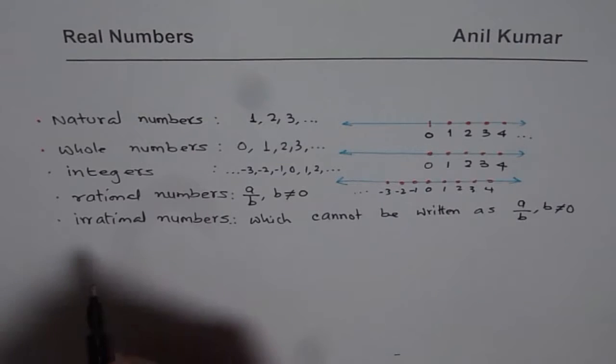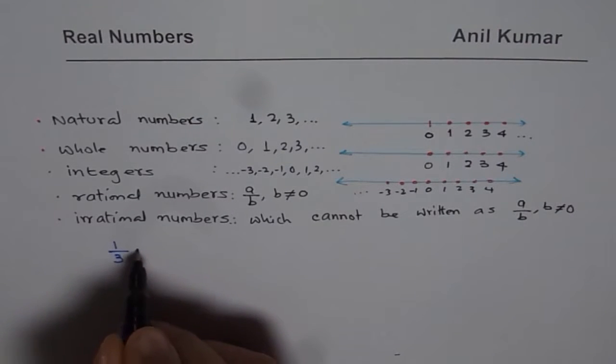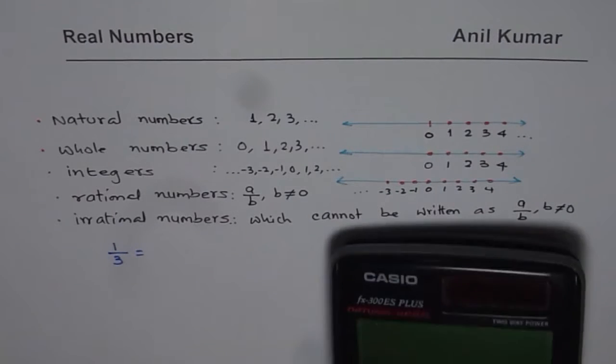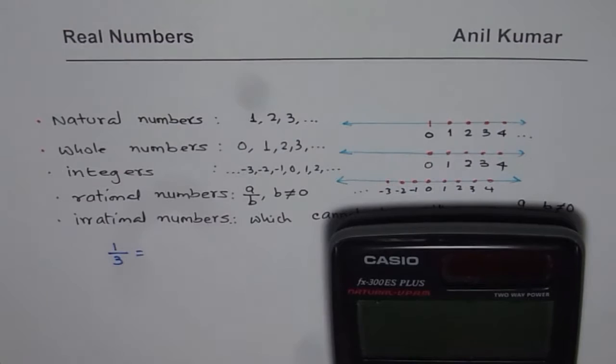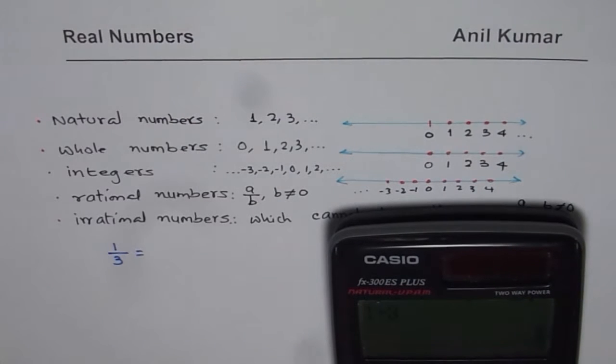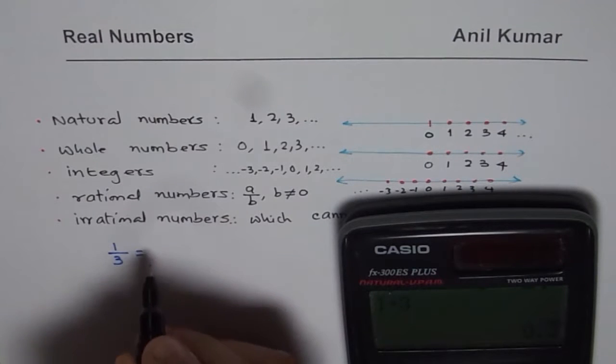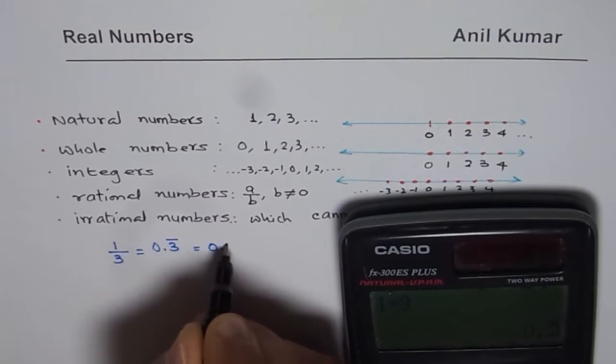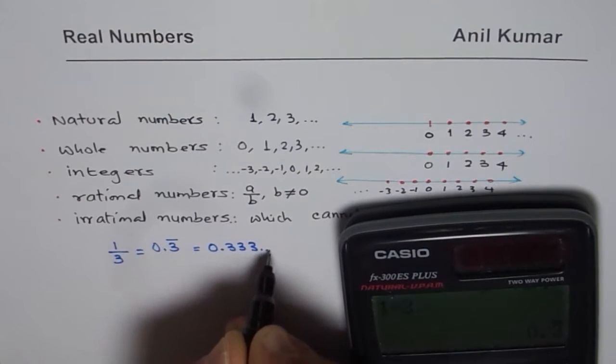So if I divide 1 by 3, I get 1 over 3, and in decimals I get 0.3 recurring. It means you read this as 3 repeats, like this.